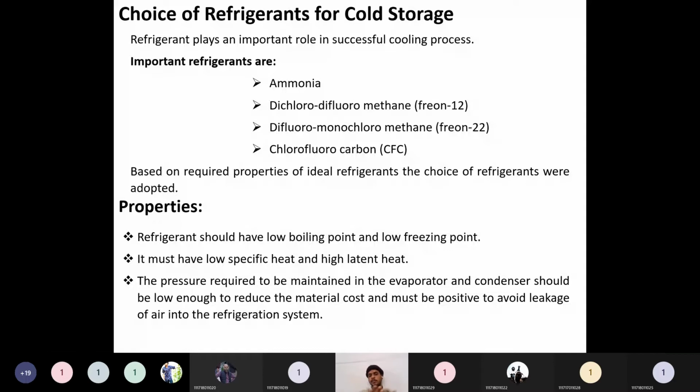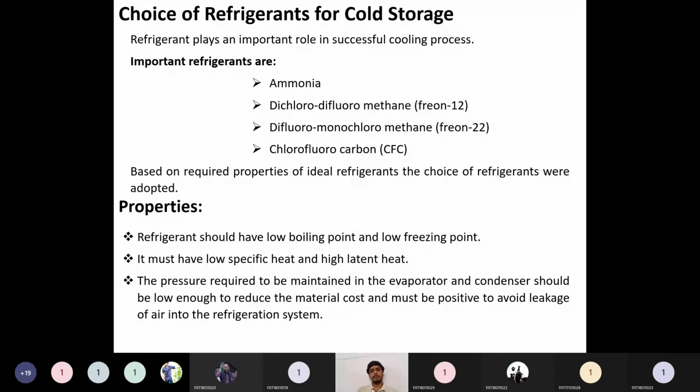And it must be positive to avoid leakage of air into the refrigeration system. It should be enough positive so that leakage of air from the environment is low.